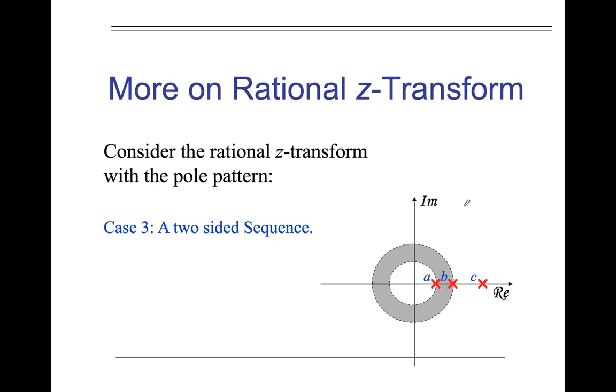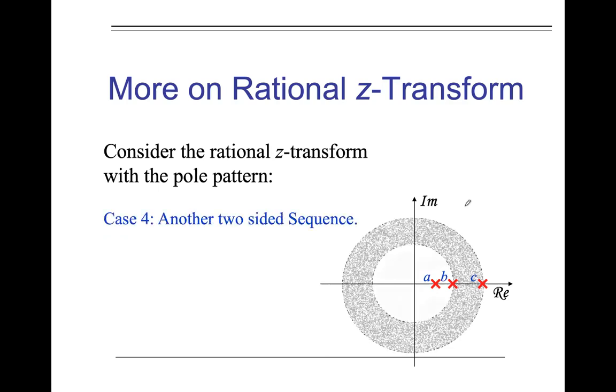So either I shade inside of a circle, or outside of a circle, or between two circles. It's going to be a kind of disk. Is there any other option? Yes, between B and C. Again, my ROC cannot include any poles.